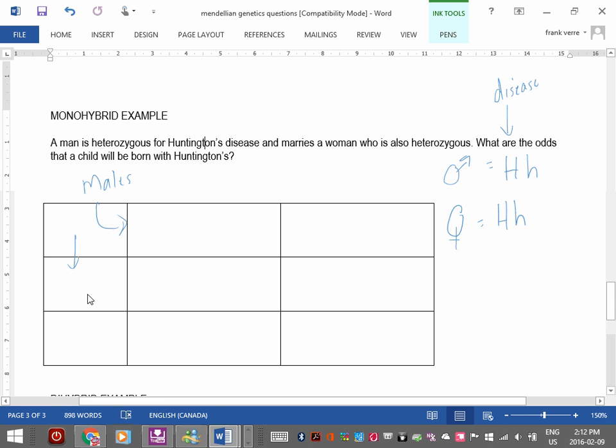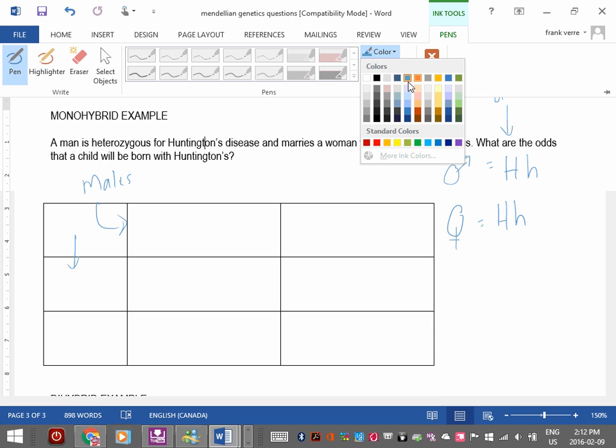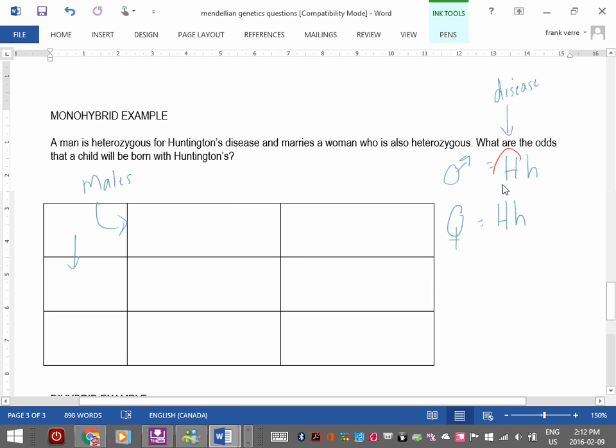Now, remember, Mendel discovered what's called the law of segregation, which says that the alleles do what when you make sex cells? They separate. So, one sex cell could get the big H, okay?